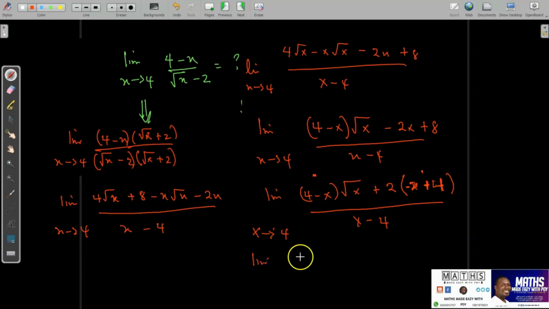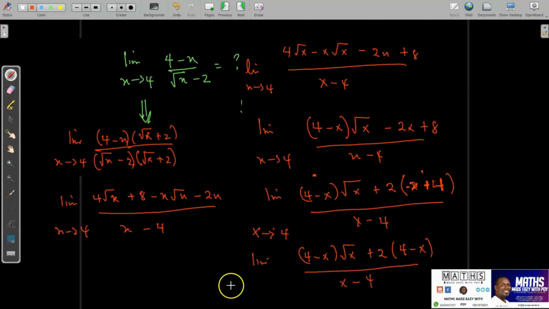limit of 4 minus x root of x. Then you have it as plus 2 into bracket 4 minus x all over x minus 4 as x approaches 4. But remember, at this point you cannot do away with this and that directly.